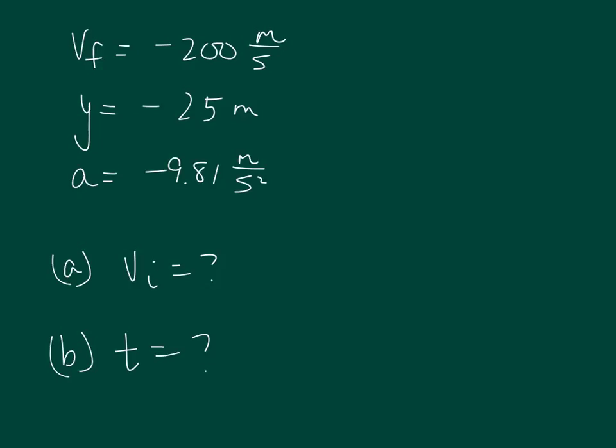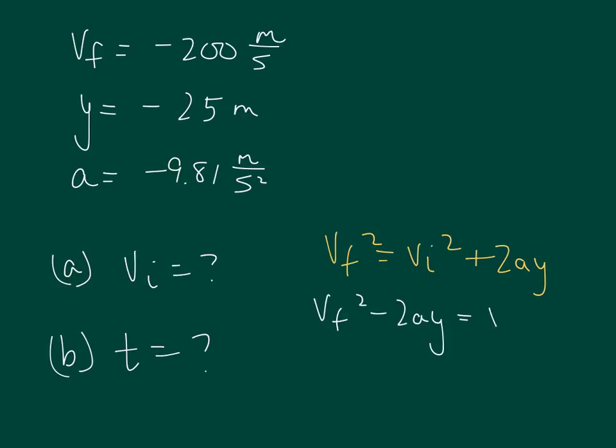Formula. For part A, what should the formula be? Nat. Vf squared equals vi squared plus 2ay. Very good. And our goal is to solve for VI, correct? So I'm going to subtract 2ay from the whole thing. Think about 2ay as a number. Since you know a and you know y, think of this whole thing as a number.